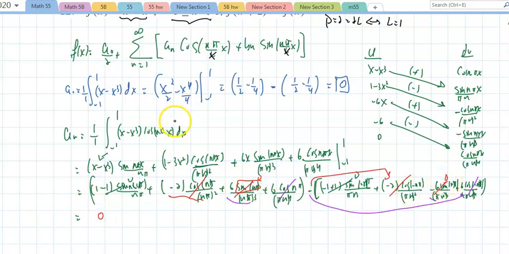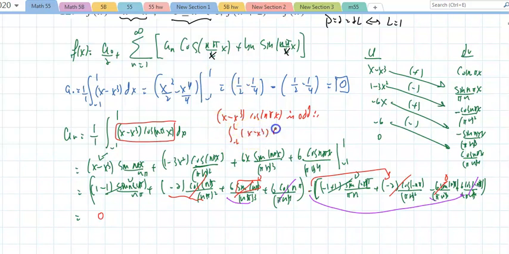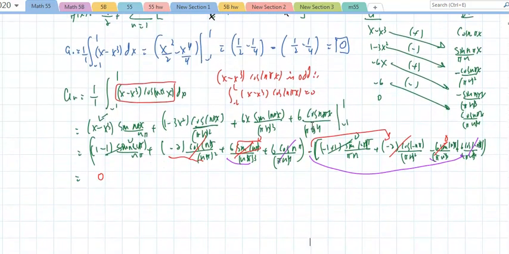Now, I could have saved myself all of this work. I could have said x minus x cubed, the cosine of n pi x is odd. Therefore, the integral from negative L to positive L of x minus x cubed, the cosine of n pi x equals 0. I could have saved myself all of that work.